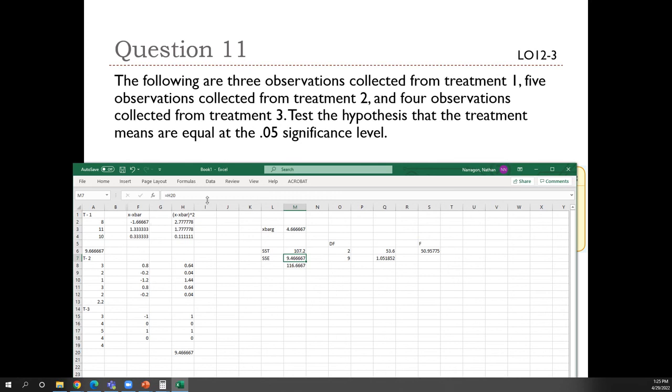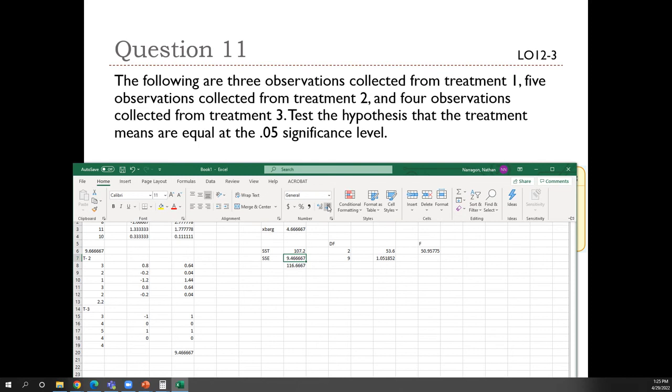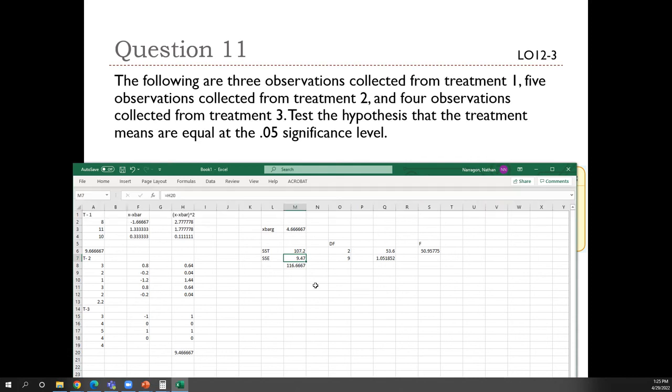So according to the problem, we may want to just round to 2 decimal places. So we're going to go ahead and trim it down. Now I only trim it down here to make it look better in case we do need 2 decimal places, but it still has the full number since we're using the actual number. We didn't type it in this time. Okay, that way now anytime that I have to use the ANOVA, we already have everything able to calculate. We just have to adjust the numbers.